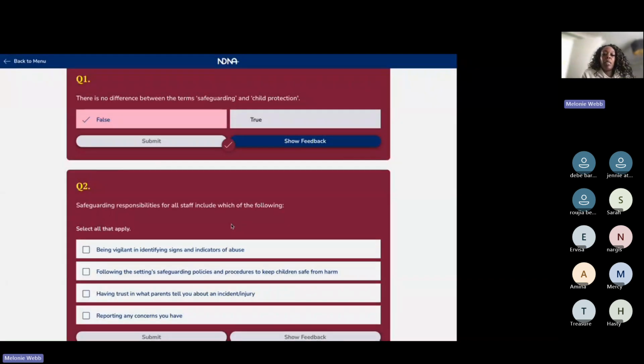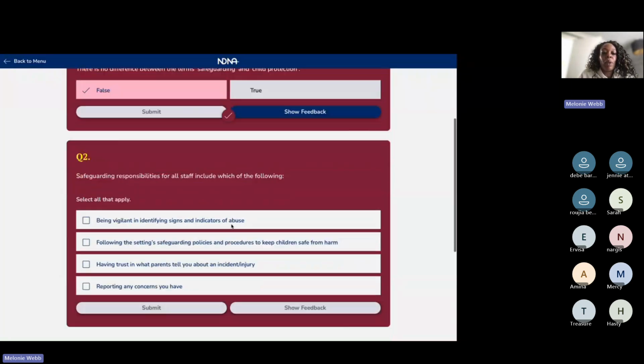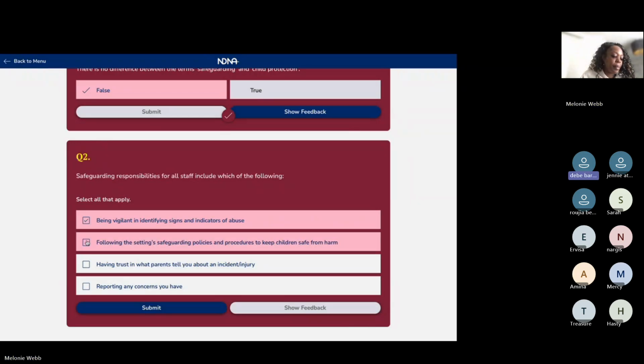Safeguarding responsibilities for all staff include which of the following? So, do we believe that it includes being vigilant in identifying signs and indicators of abuse? Yeah. Do we believe that it includes following the setting safeguarding policies and procedures to keep children safe from harm? Yes. Thank you.